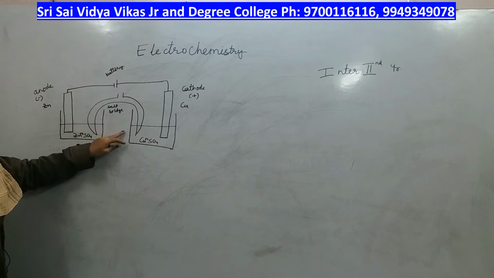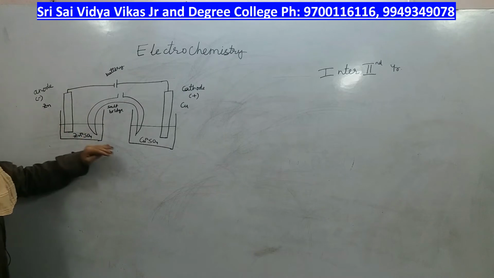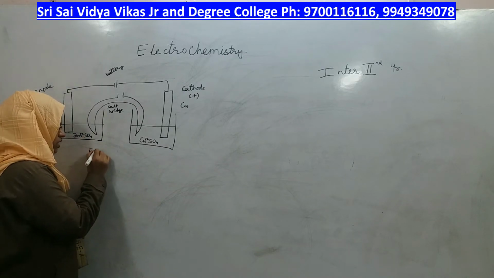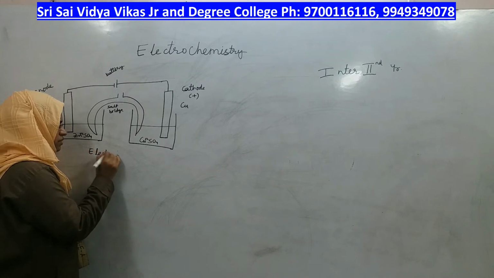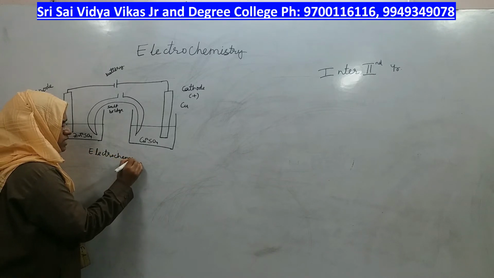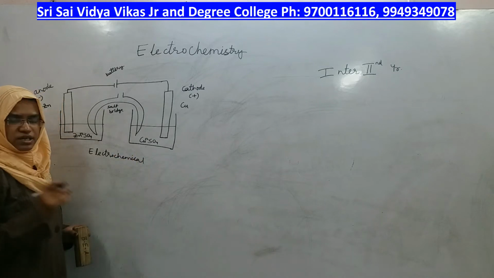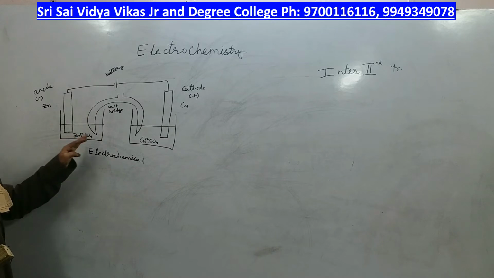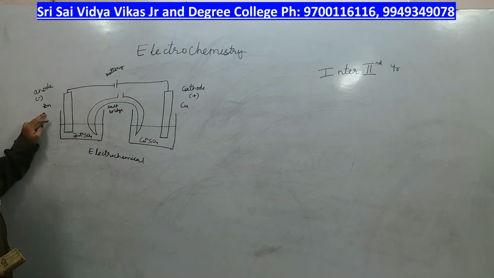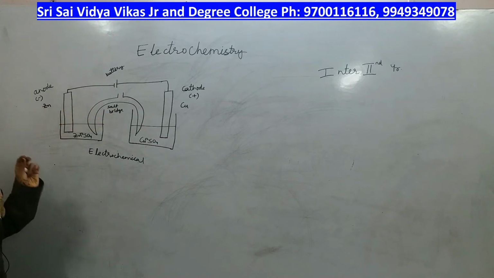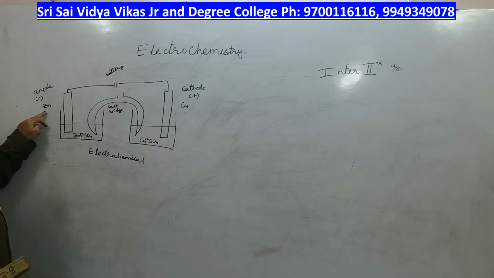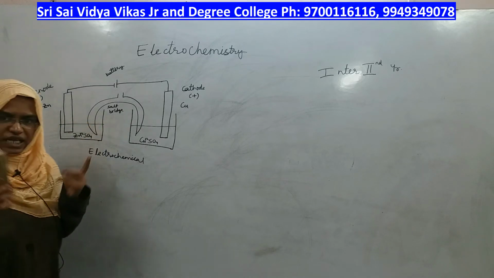And in yesterday's class, we saw the electrochemical cell and its diagram, right? This is a general representation of an electrochemical cell. You can make an electrochemical cell by taking any combination of metals, but for our understanding I have taken zinc and copper as the combination.